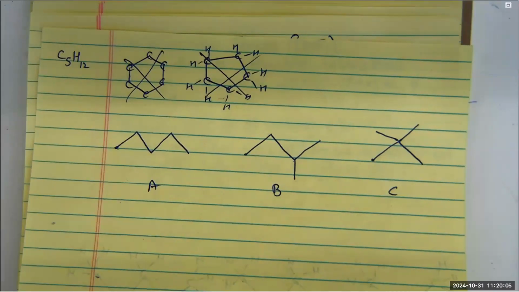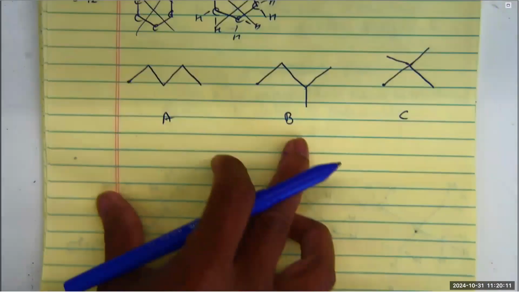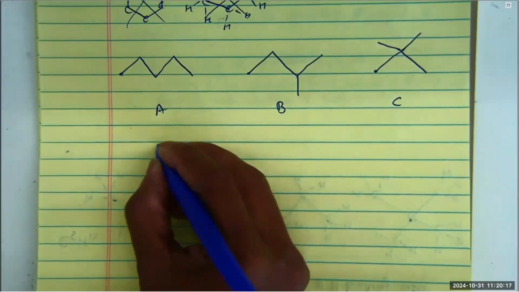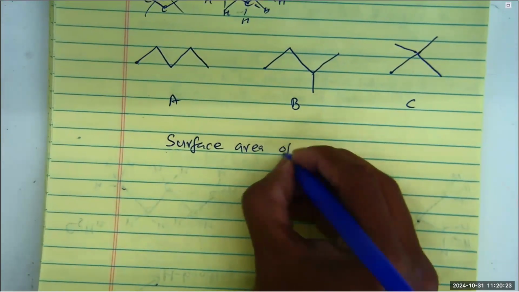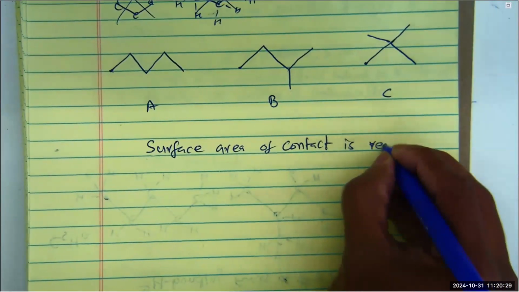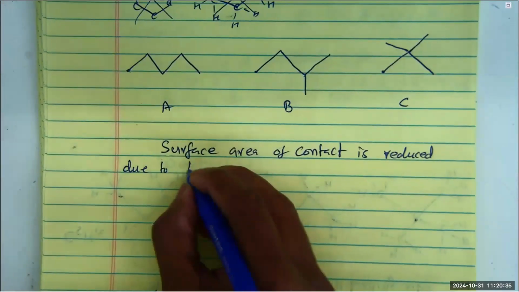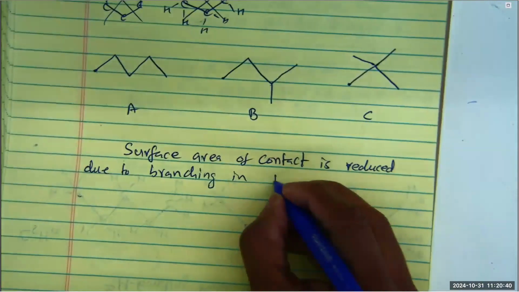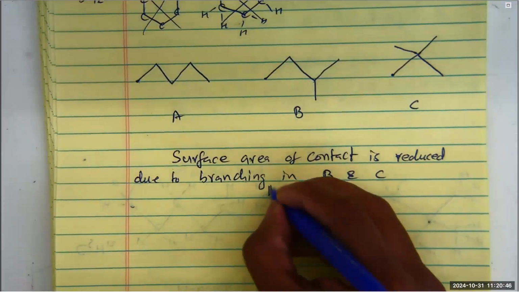So I'm going to write that down. When you are handling a question like this, especially in free response, the keyword is the surface area of contact. The surface area of contact is reduced due to branching in B and C. So what does it do as a result of that?